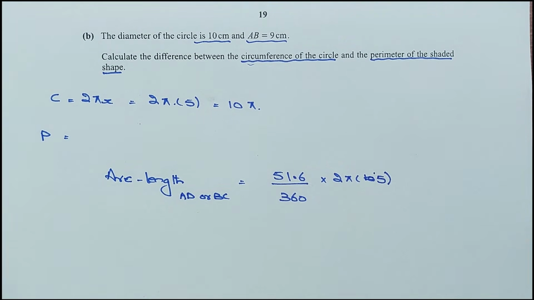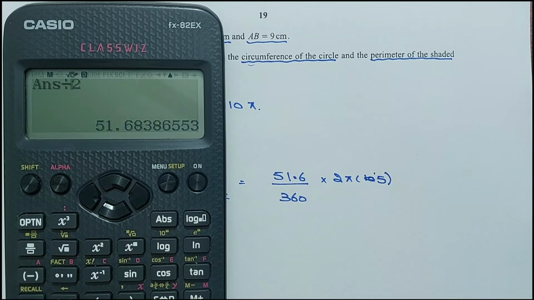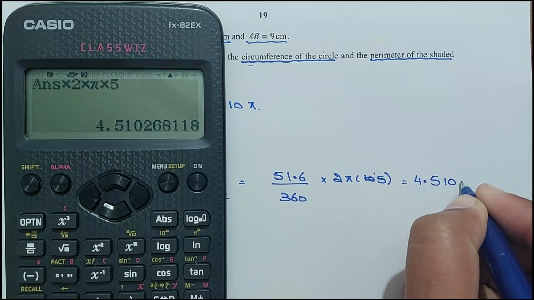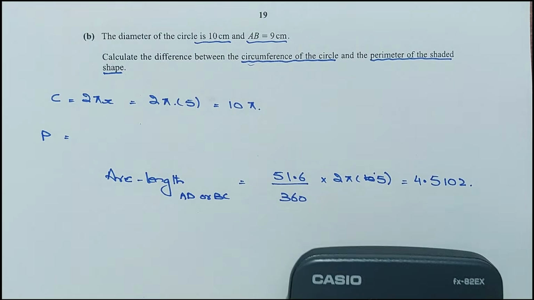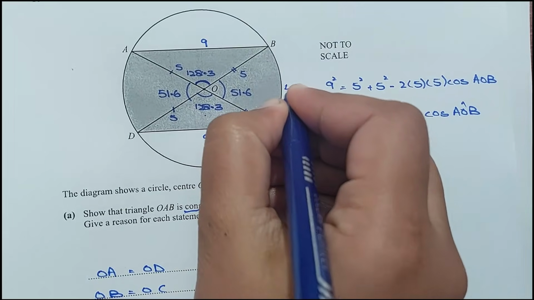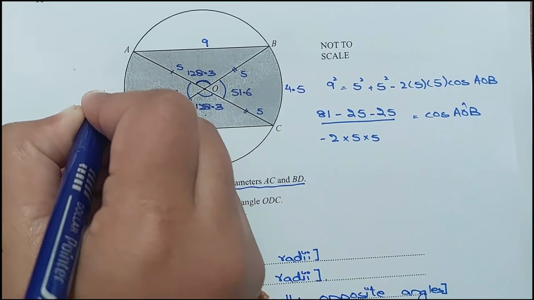Right. Let me simplify this. Theta over 360 times 2 times pi times 5. This would be 4.5102, so 4.5 we can say. So this is 4.5 and this is also 4.5.